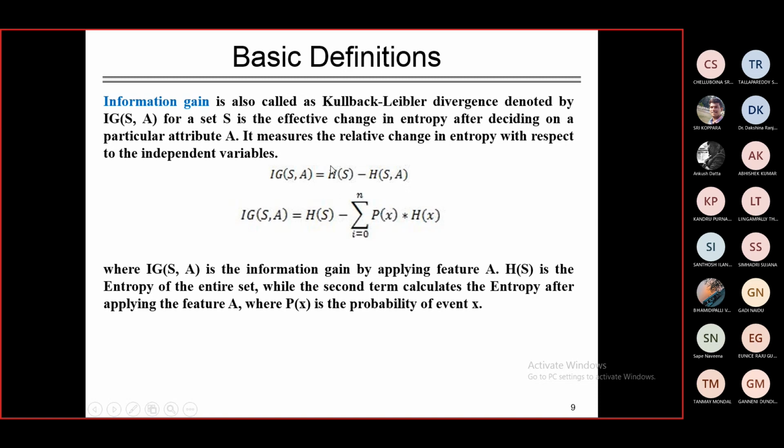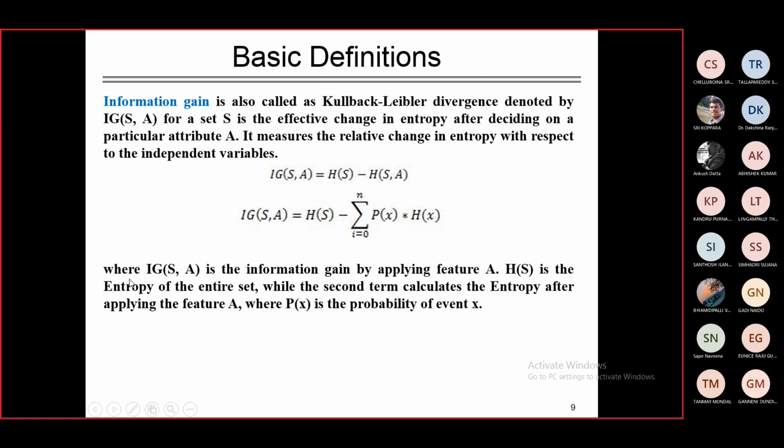We know how to compute the entropy over the entire data set, and this is the entropy for a particular attribute in the data set. H(S, A) is given by summation over probability of event x, multiplied with the entropy of event x. This is the formulation for information gain, which measures the relative change in entropy with respect to some independent variable.